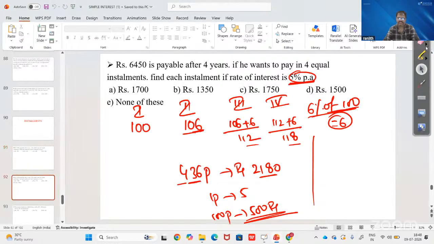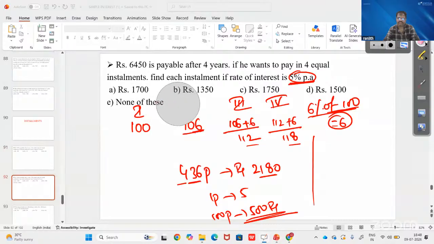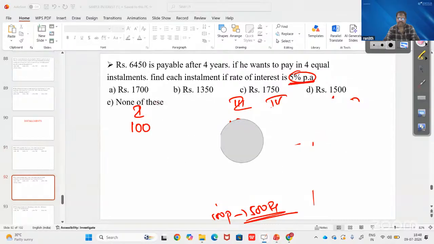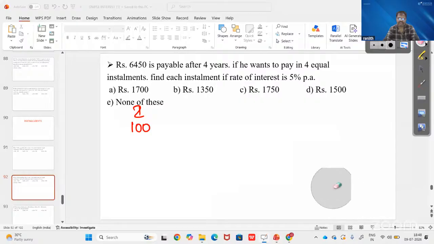Next. Rupees 6,450 is payable after 4 years. If you want to pay in 4 equal installments, find each installment if the rate of interest is 5% per annum. Initially 100.